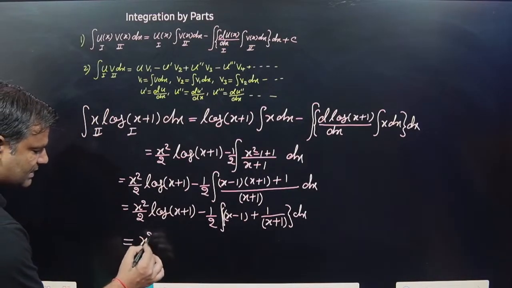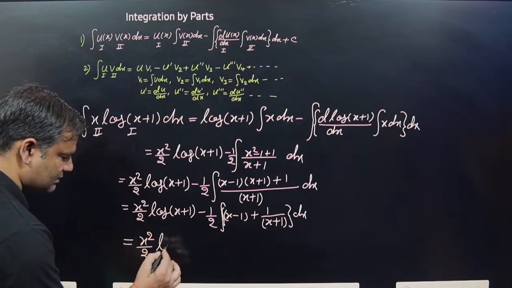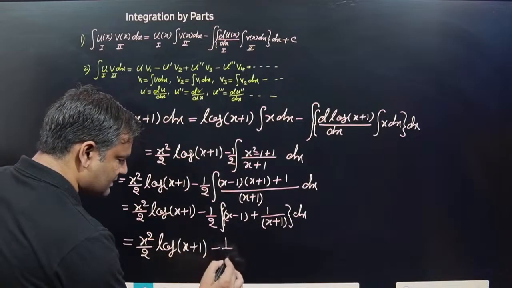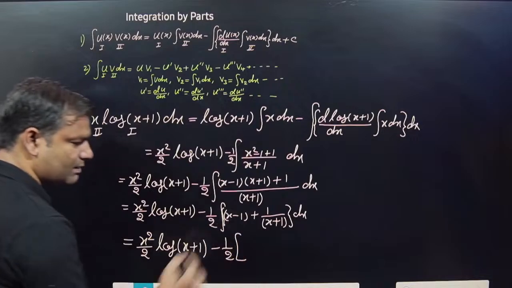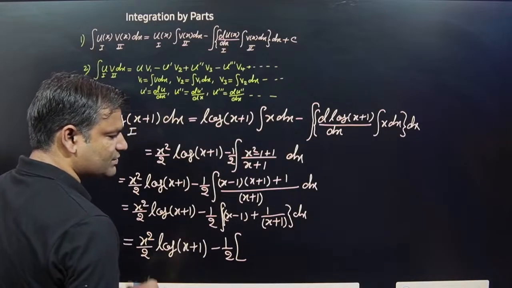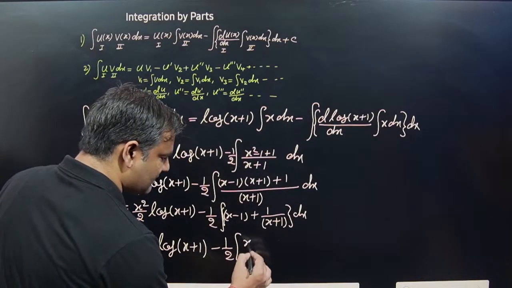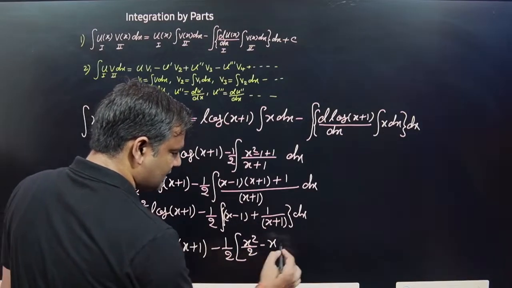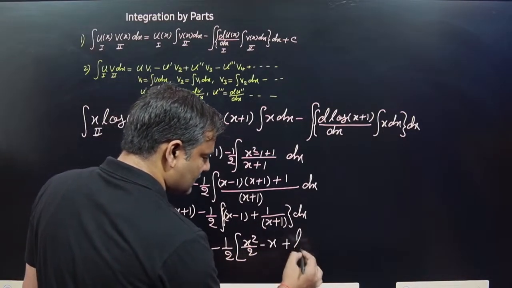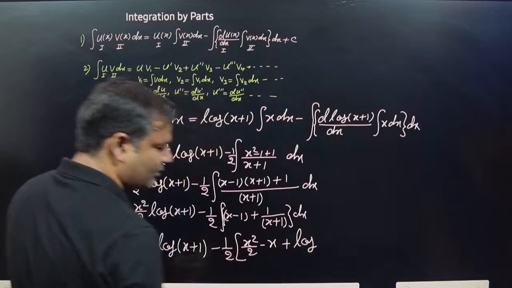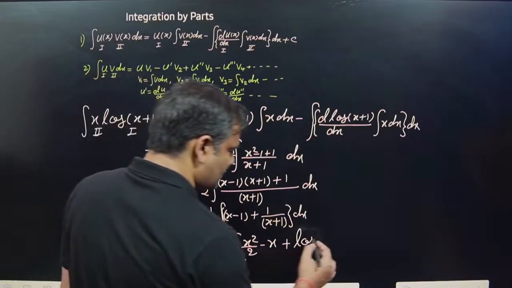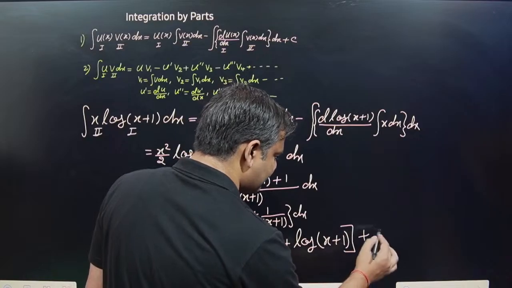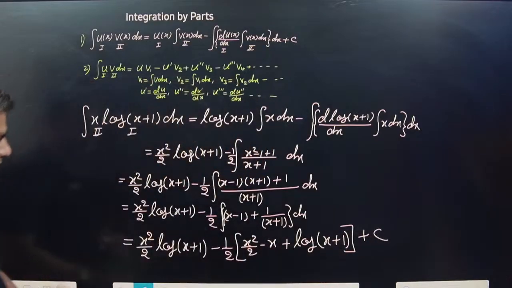So x square by 2 into log of x plus 1 minus half. Here the integration of x is x square by 2, the integration of 1 is x, and the integration of 1 upon x plus 1 is log of x plus 1, and after that plus C is the right answer.